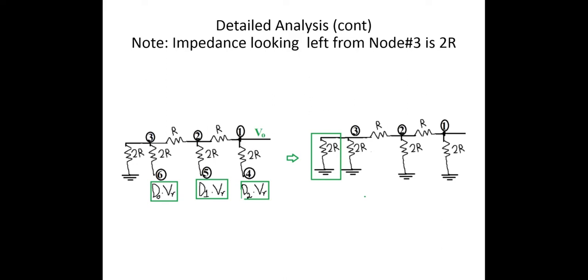So the impedance seen looking left from node 3 is 2R. So please keep this point in mind, because now we are going to see a very interesting pattern.